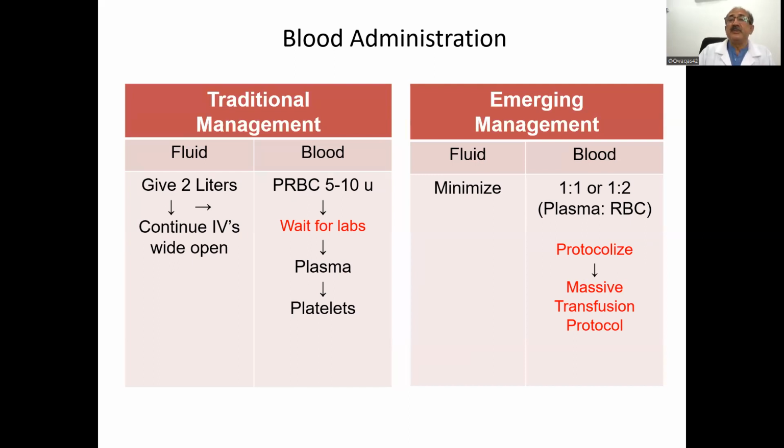But now, in the emerging or latest management, fluids should be minimized. One should go for blood, that is plasma and RBC, either in a 1:1 or 1:2 ratio. After this, we can activate the massive transfusion protocol and system.